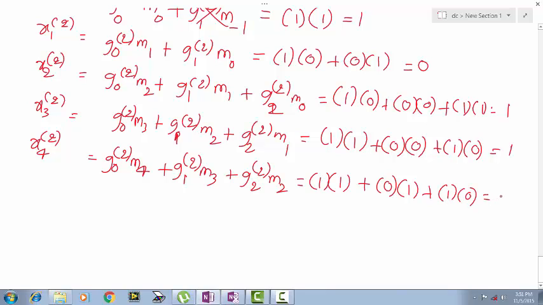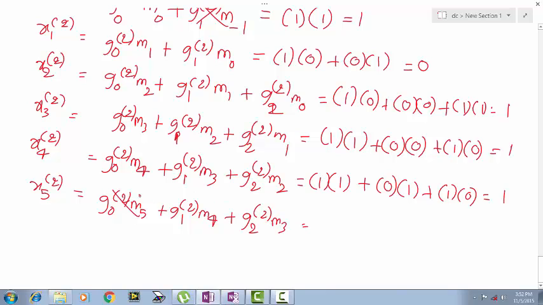So it will be 1 again. And next, x5 of 2: we don't have m5, so g0 of 2 into m5 will not be there, plus g1 of 2 into m4 plus g2 of 2 into m3.